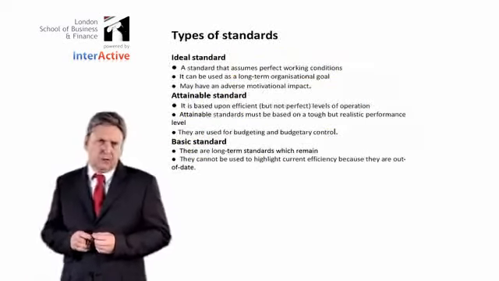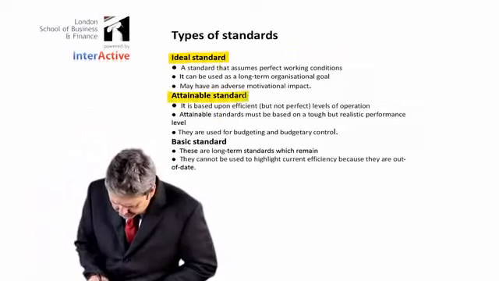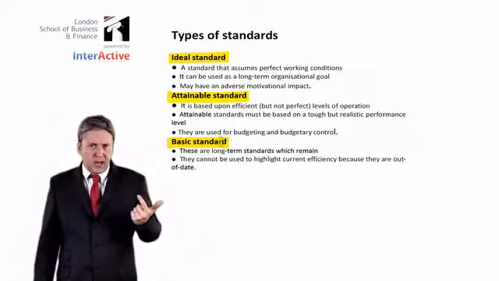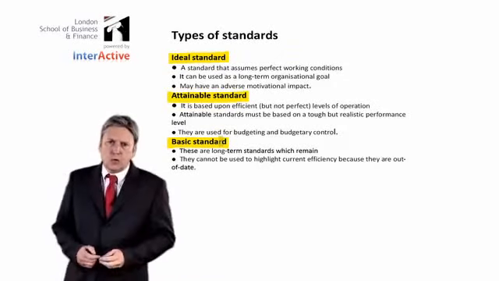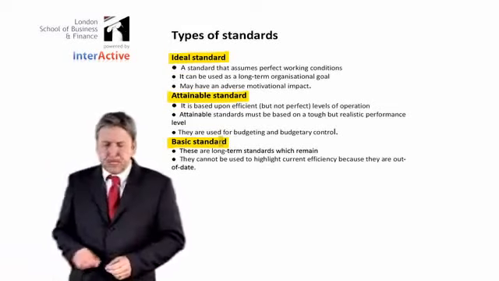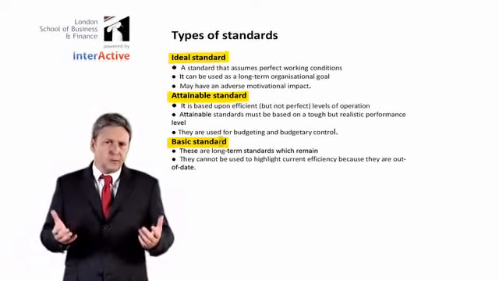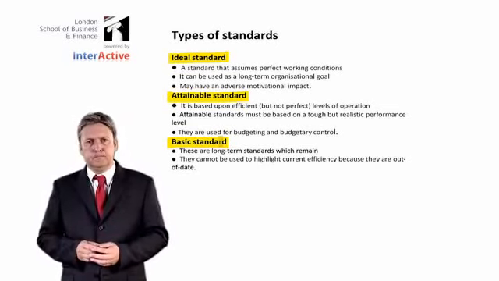Now let's look at types of standard. There are three types of standard that we may discuss. The ideal standard, the attainable standard, and the basic standard. Let's start with the ideal standard. The ideal standard assumes perfection, 100% efficiency, no losses, no idle time.